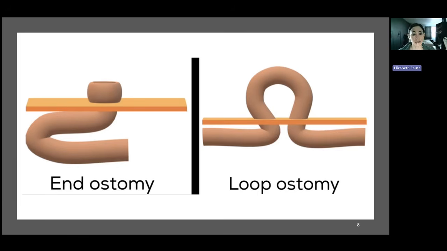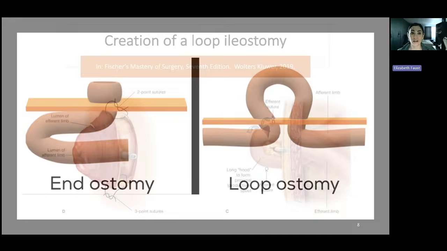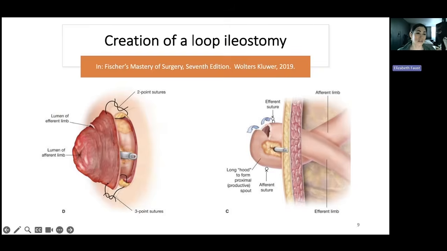Oftentimes you might see something like a rod in there as well. Again, this is just some images to show you. They would open up the efferent edge and the afferent side, and then they create this stoma outside of it.